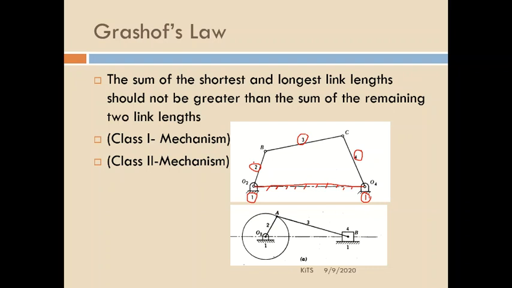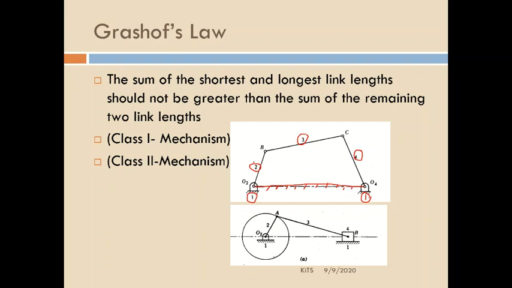If you add the lengths of link 1 and link 2, it should be less than the sum of the lengths of link 3 and link 4. So that's what is given.